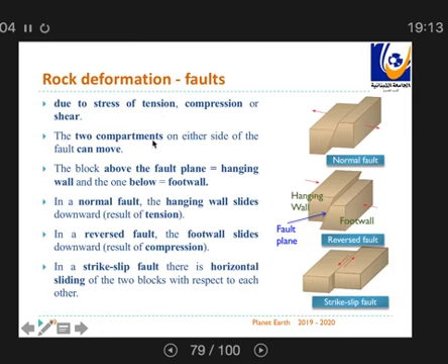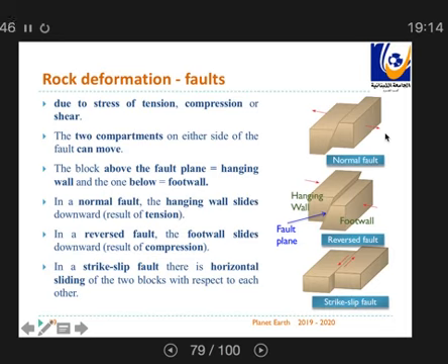Okay, now the two compartments on either side of the fault can move, and the block above the fault plane, so here you have it, the fault plane, the block that is above the fault plane, like that, is called the hanging wall, and the block below the fault plane is called the footwall. Now, in a normal fault, like we have here, the hanging wall slides downwards. It's a result of tension. You can see the arrows here.